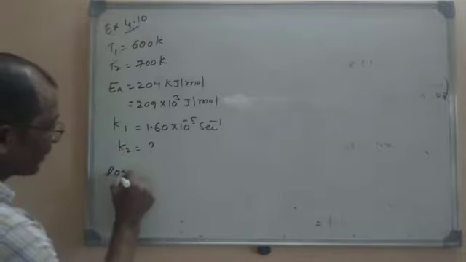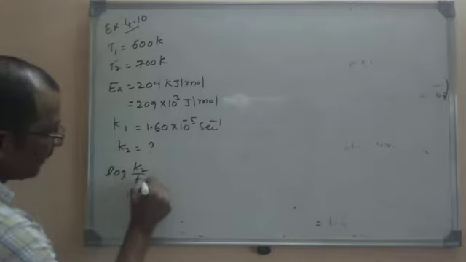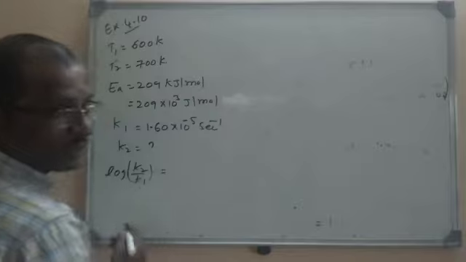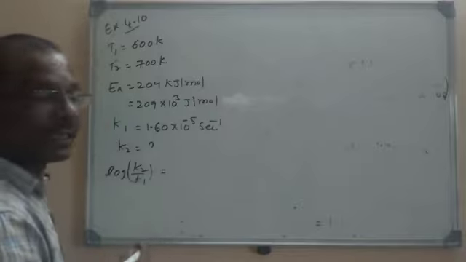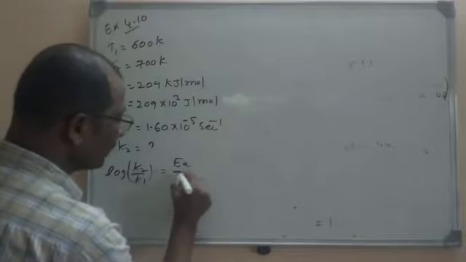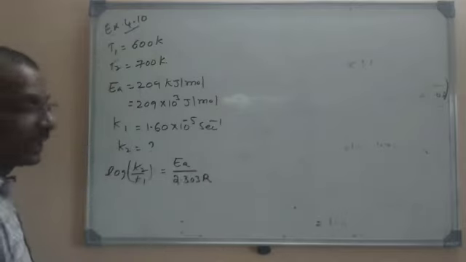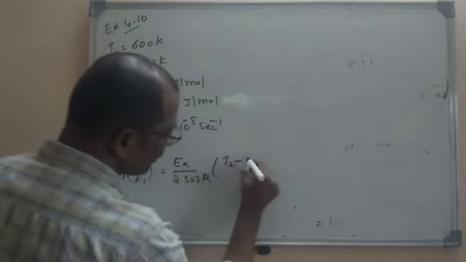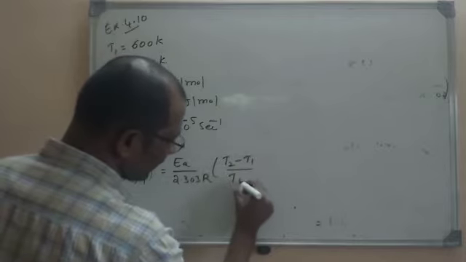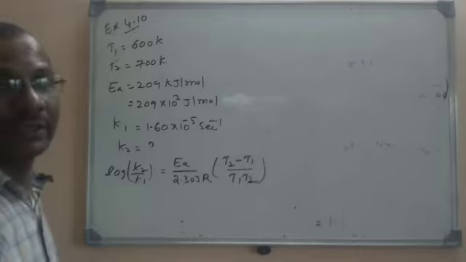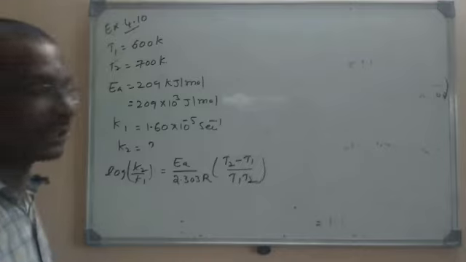What is the Arrhenius equation? Logarithm of K2 by K1 is equal to Ea by 2.303 R into (T2 minus T1) divided by T1 T2. This is the Arrhenius equation. This is what we had already learned.